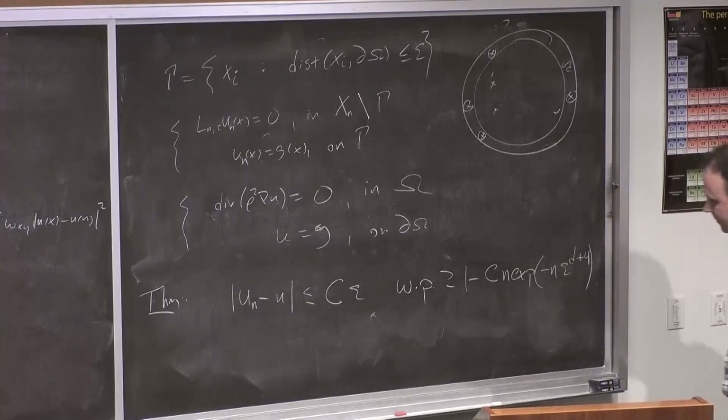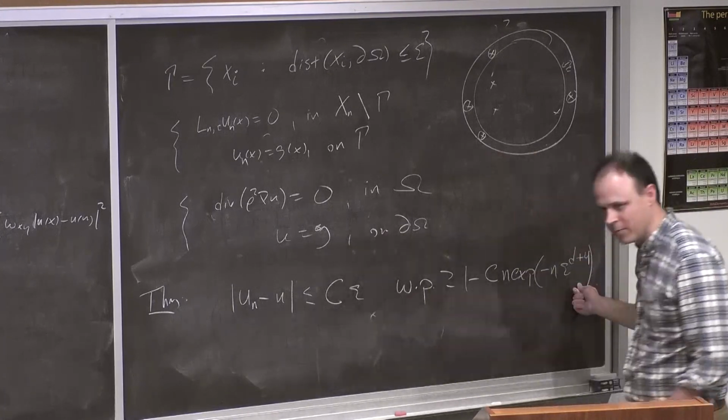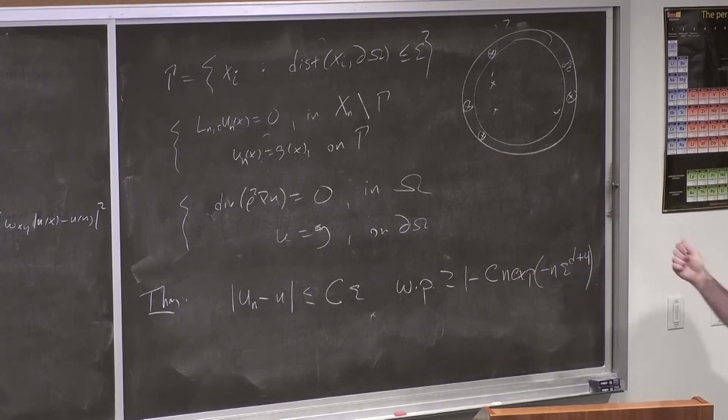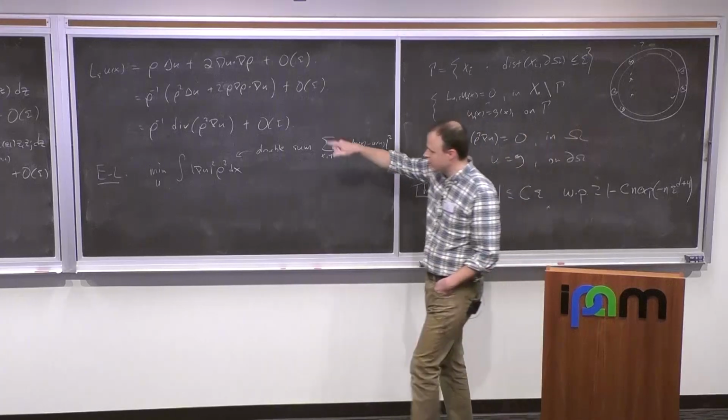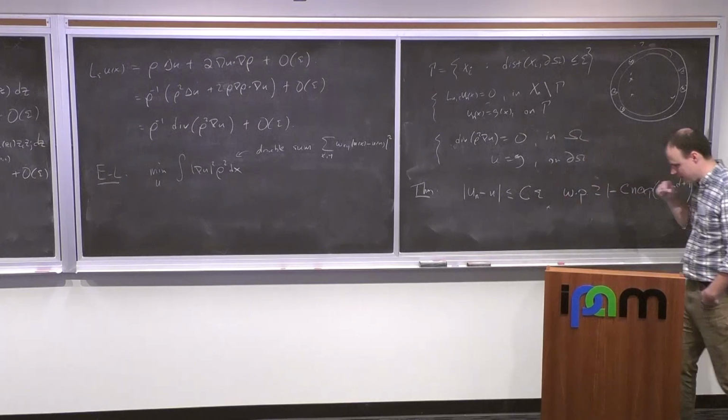Okay. So you get order epsilon error estimates with high probability. Okay. And it's a direct application of the pointwise consistency we just proved with the maximum principle. Okay. You can look in the notes if you want to see the exact proof.